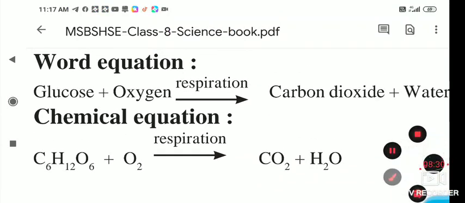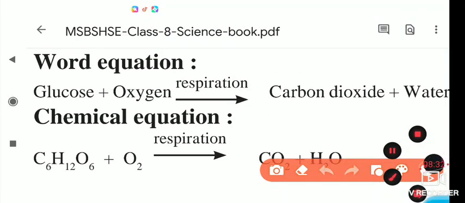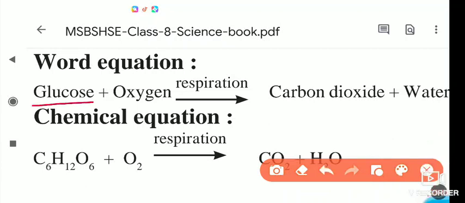In a word equation, here is the arrow. On the left side we write the reactants, and on the right side we write the newly formed substances, that is, the products.